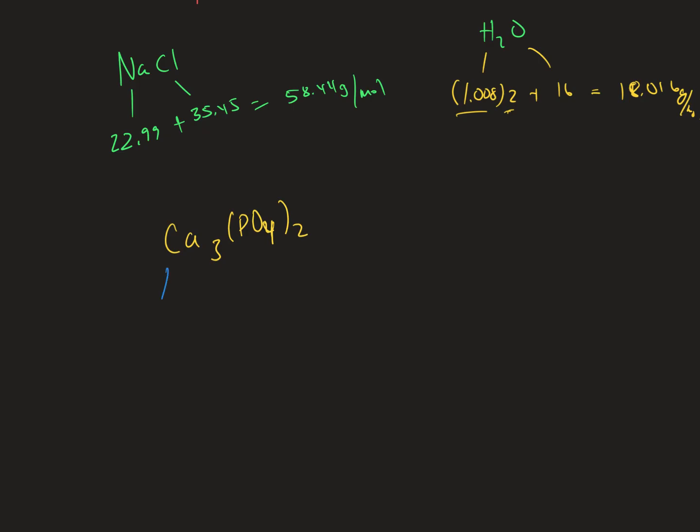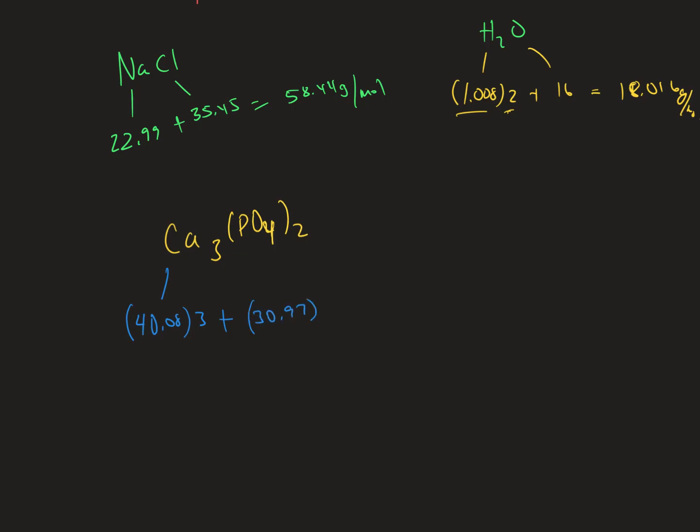So what's the atomic mass for calcium? 40.08. What are we going to do with that? Multiply it by 3. Phosphorus is about 30 point something? Yeah, it's 30.97.